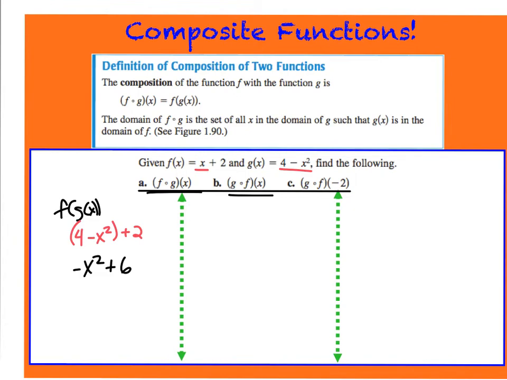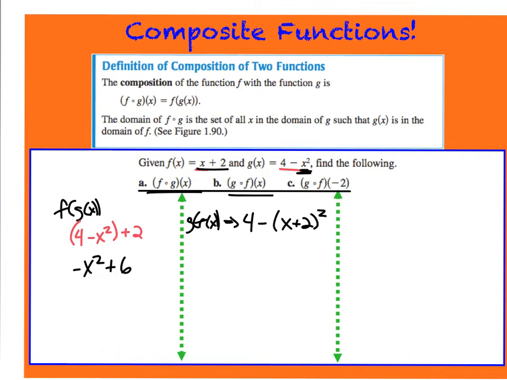So now I'm taking this function and I'm substituting in the variable right there. So if I have g of f of x, I end up having 4 minus the quantity of x plus 2 squared.